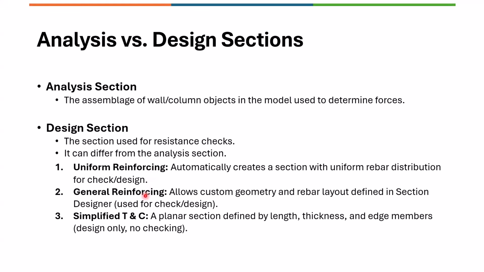And then you have the detailed general reinforcing, an extension of uniform reinforcing, but the control will be available to you to work on the reinforcement or the rebar configuration within the section. And then the simplified C and T method for planar walls, where the design is simplified as axial forces carried by the wall ends and designing those ends. Right.